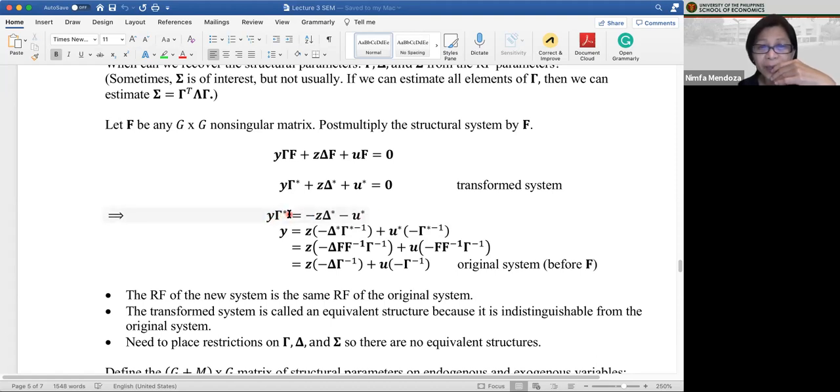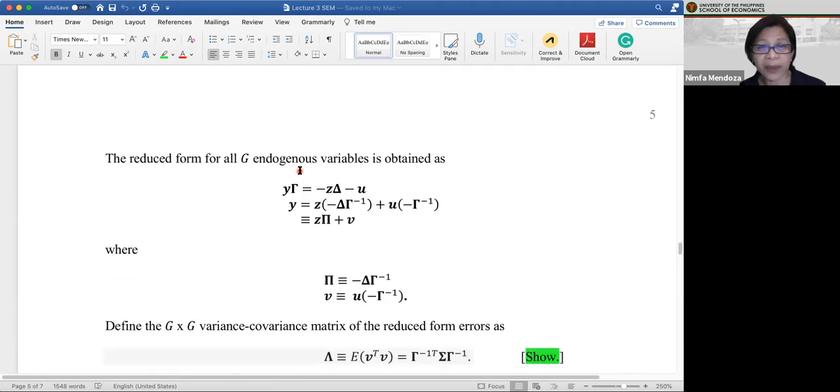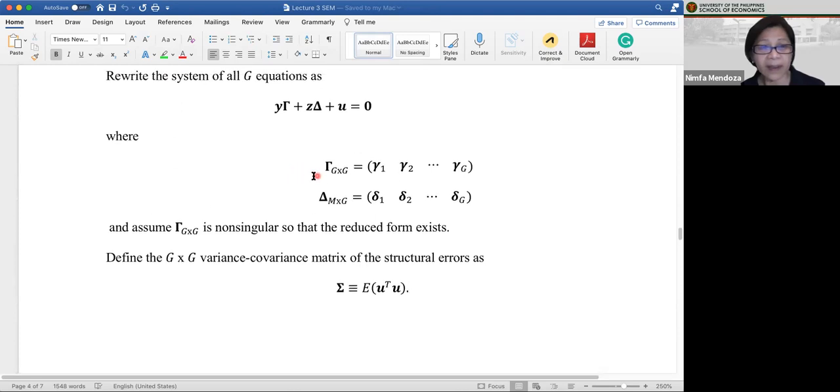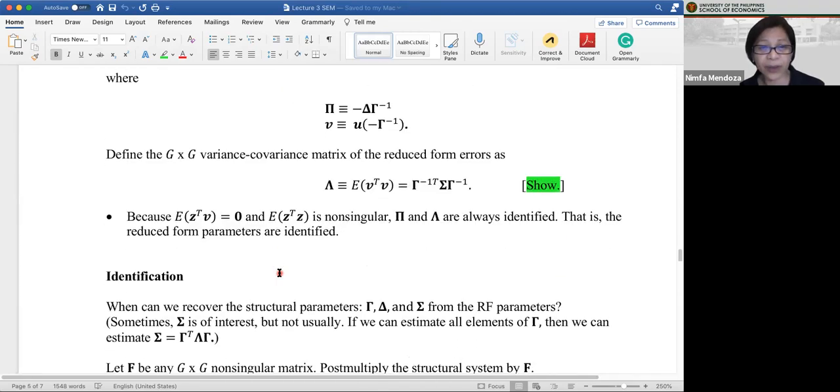Gamma star inverse would exist because gamma star is gamma F. Gamma is non-singular. F is also assumed to be non-singular.